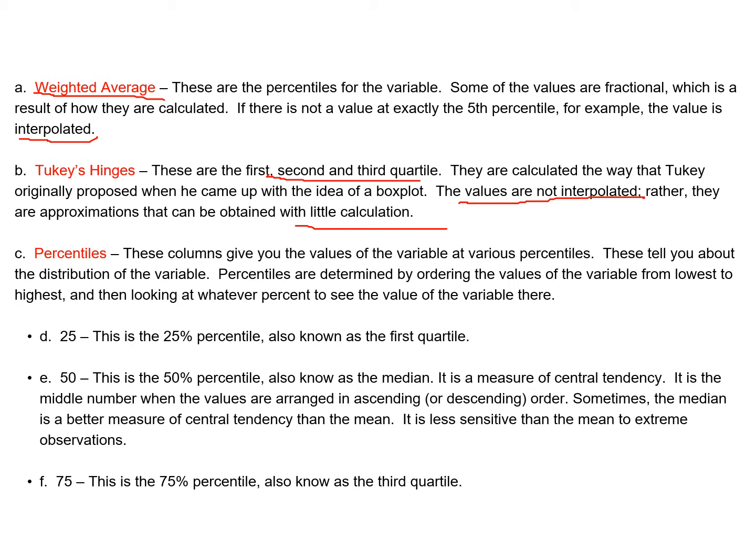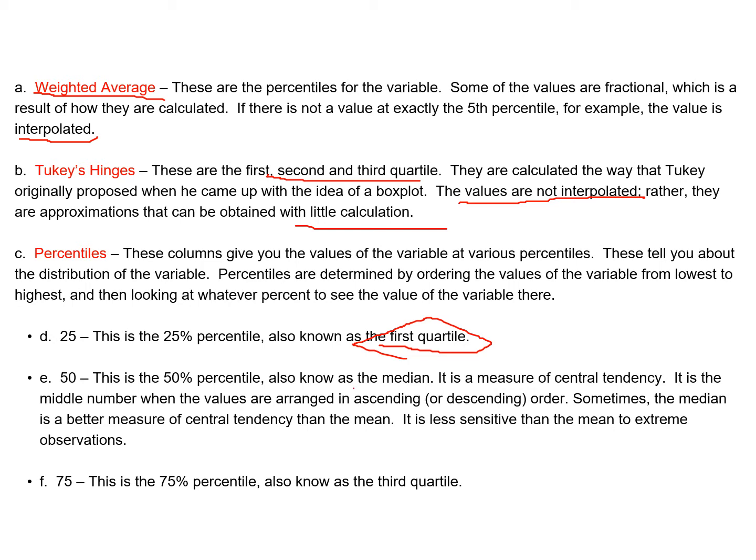Then for the percentile, we actually have three subcategories. We have the 25th percentile or the 25% percentile. This is known to be also our first quartile. Then you also have your 50th or the 50% percentile.